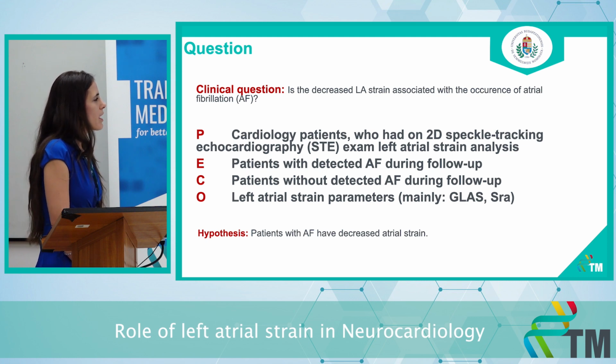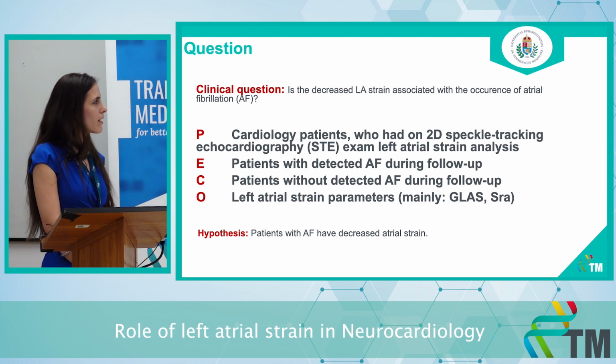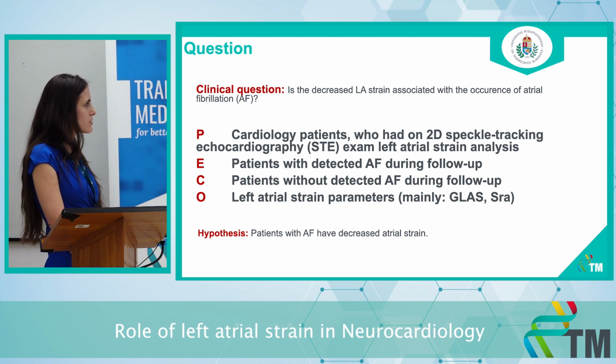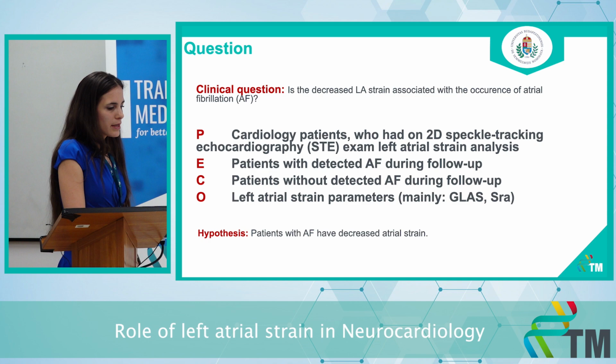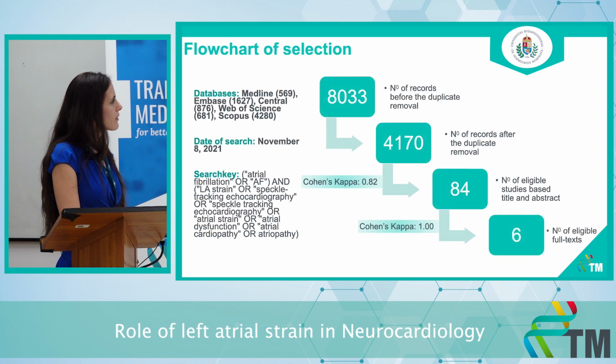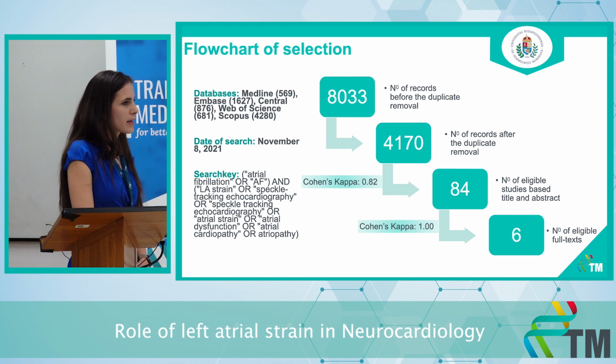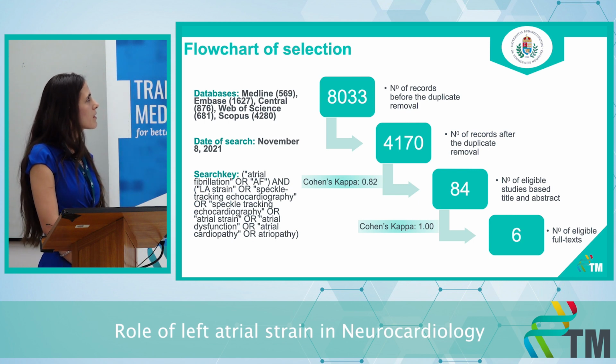Our outcomes were left atrial strain parameters, mainly global longitudinal atrial strain and contraction strain rate. Here you can see the flowchart of the selection, and at the end of the selection process, we had 6 eligible full texts for analysis.